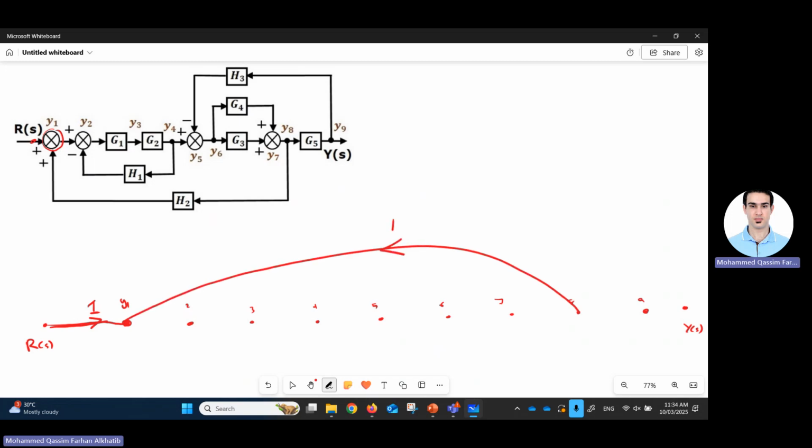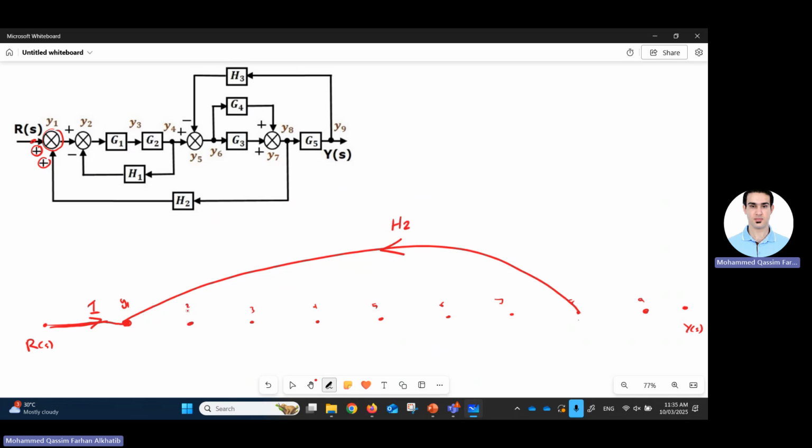The gain is H2. Now what will be the sign of H2? We'll look at the summing point. I have positive and positive, so that's addition. So there'll be no change in sign here, because the output will be RS plus H2Y8. So that's Y8 and here's H2, with no change in sign.